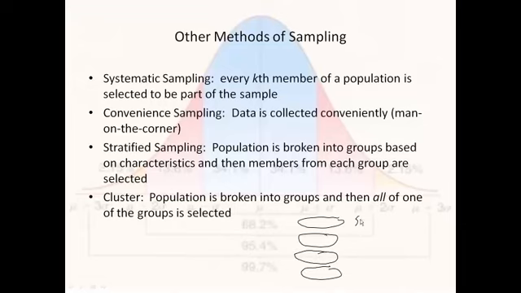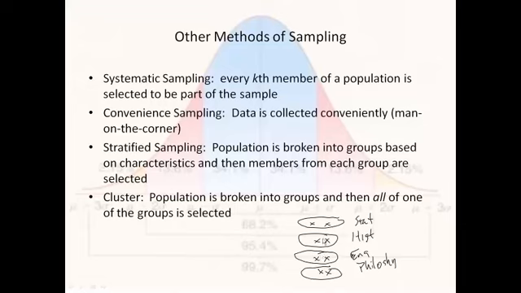So you've got the stat, and you've got the history, and you've got the English, and then the philosophy. So I'm going to break these guys up by class. I'm stratifying them based on classes. And then what I do is I grab a couple of people from here, a couple of people from here, a couple of people from here, and a couple of people from here. That's how stratified sampling works.